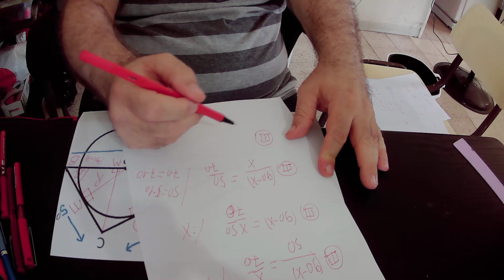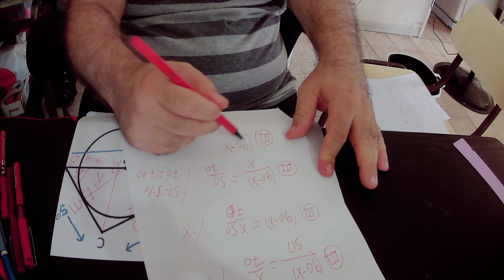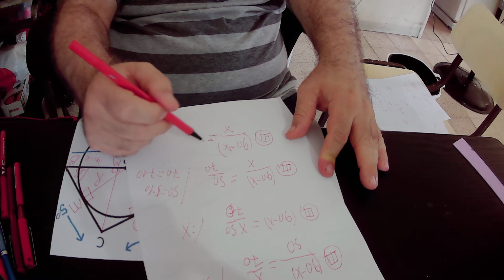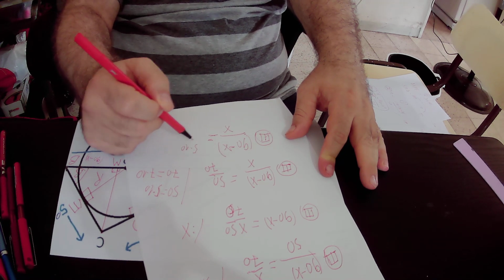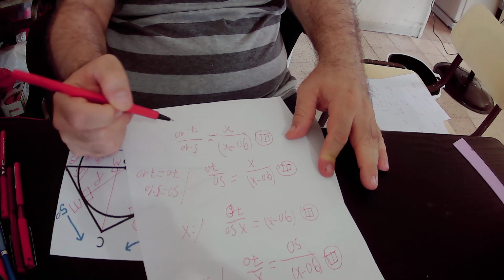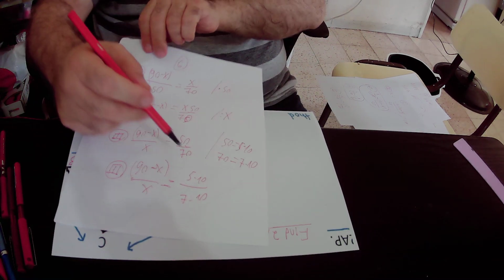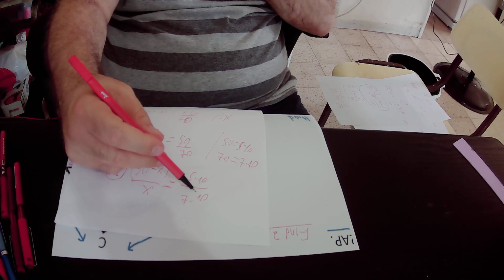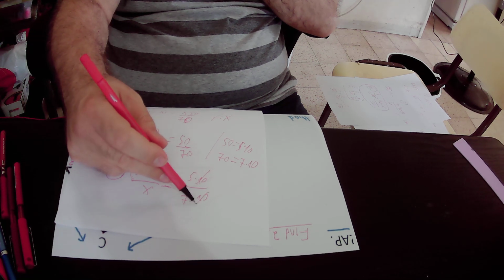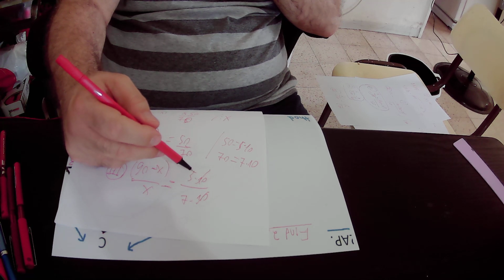We'll get that 90 minus X over X equals, instead of 50 I will write 5 times 10, and instead of 70 I will write 7 times 10. Okay, here we have 10 in the numerator and we have also 10 in the denominator, so we can cancel 10, or we can reduce this expression by 10.